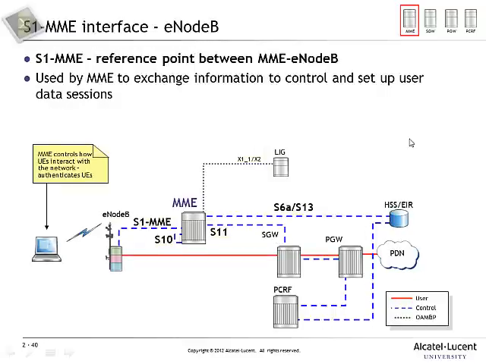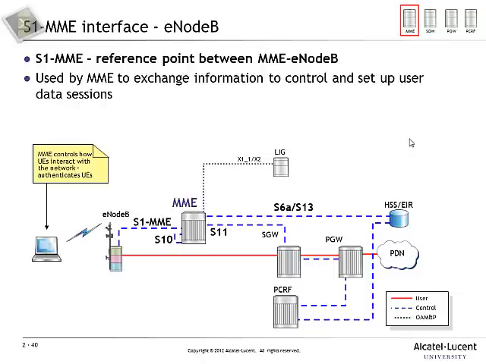Now, just a quick recap. We're only going to look at two important interfaces here. The first interface is the S1-MME interface, which is the interface between the eNode B and the MME. All the information that is needed to set up a user data session is transferred on this interface, and also security related information.